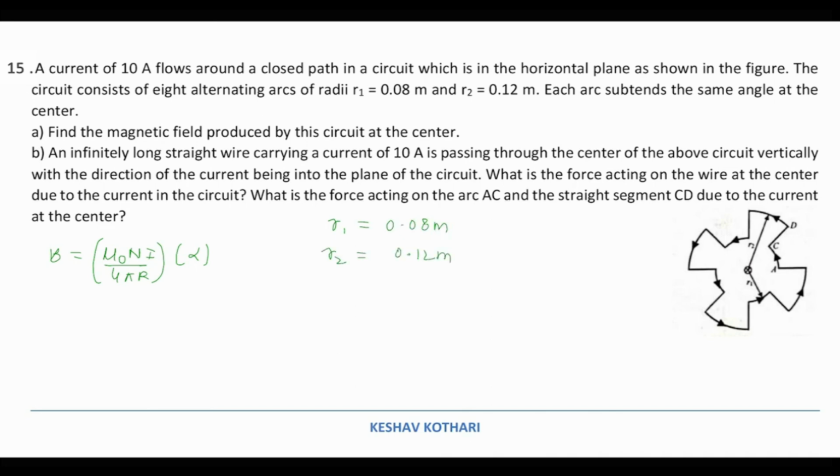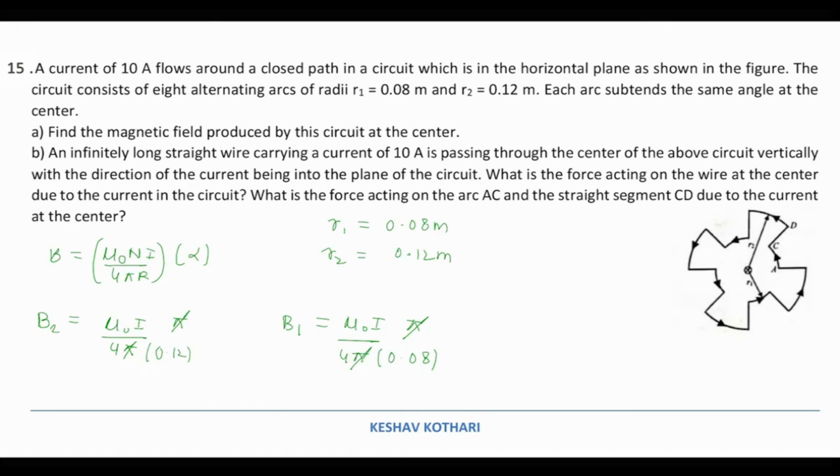If the bigger loop combines together to contribute for pi angle, then due to the bigger loop we write B2, which is equal to mu naught I upon 4 pi, the radius is equal to 0.12 and the angle which it is subtending is pi, so it will cancel out. Similarly, for the smaller one, we write mu naught I upon 4 pi, the radius this time is 0.08 and it also subtends an angle of pi, which we cancel out to obtain something like this.